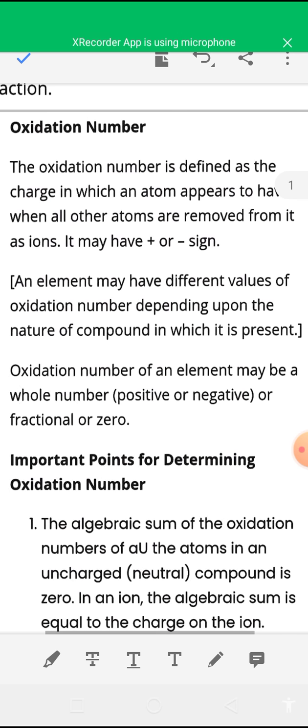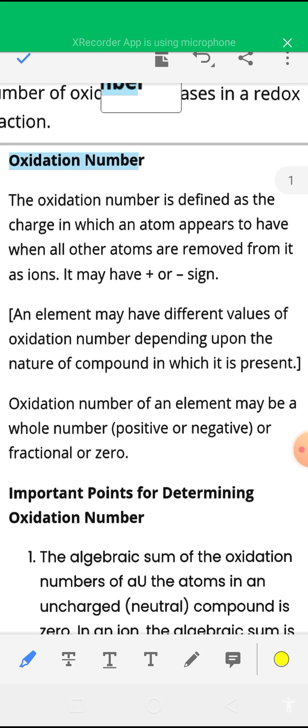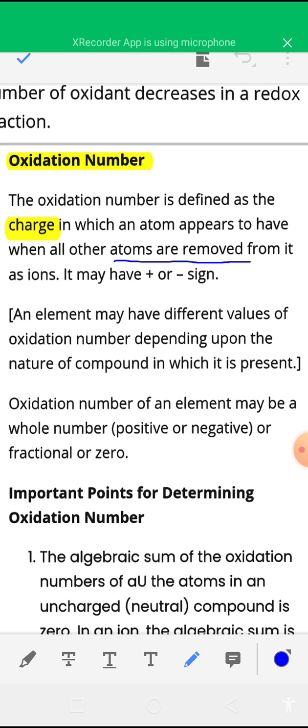Okay, so the oxidation number is defined as the charge which an atom appears to have when all the other atoms are removed from the compound as ions, and it may be positive or negative.